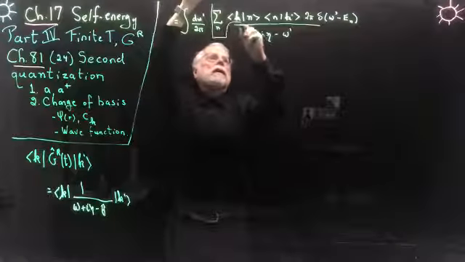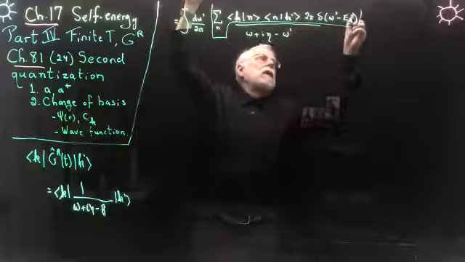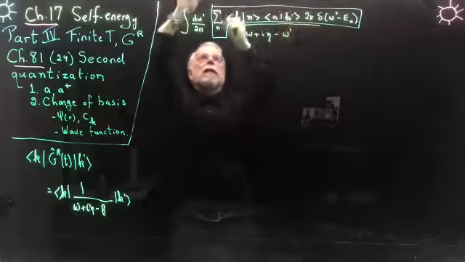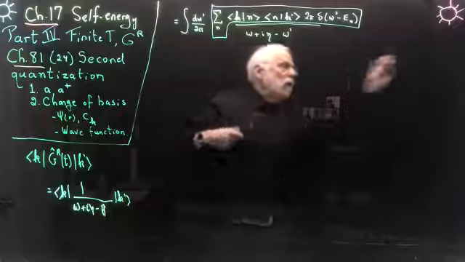But you see this is now like a spectral weight. We had chi double prime before for response functions.